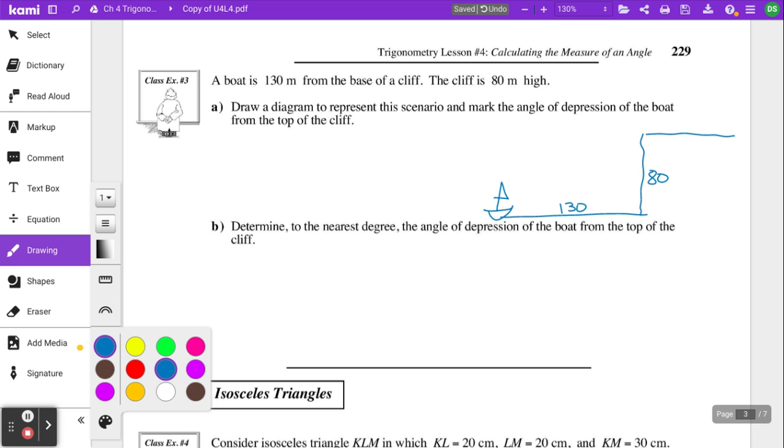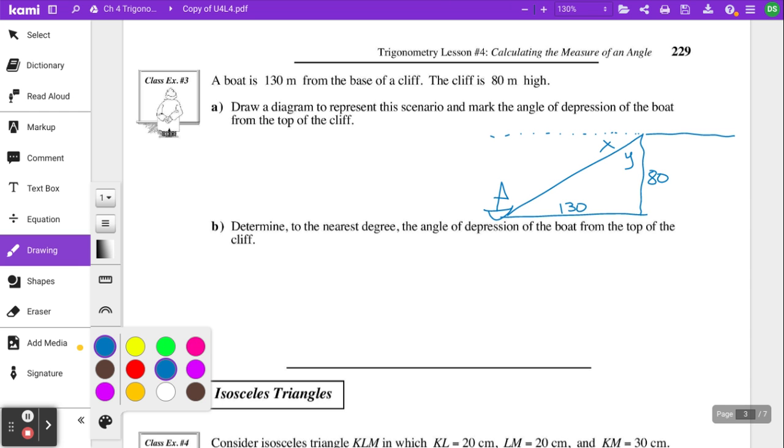Draw a diagram to represent this scenario and mark the angle of depression of the boat from the top of the cliff. So from the top of the cliff, pretend you're up there sticking your arm out. And the angle of depression, of course, would it be the X angle or the Y angle? Is it the X angle or the Y angle that I just drew up there? Look.